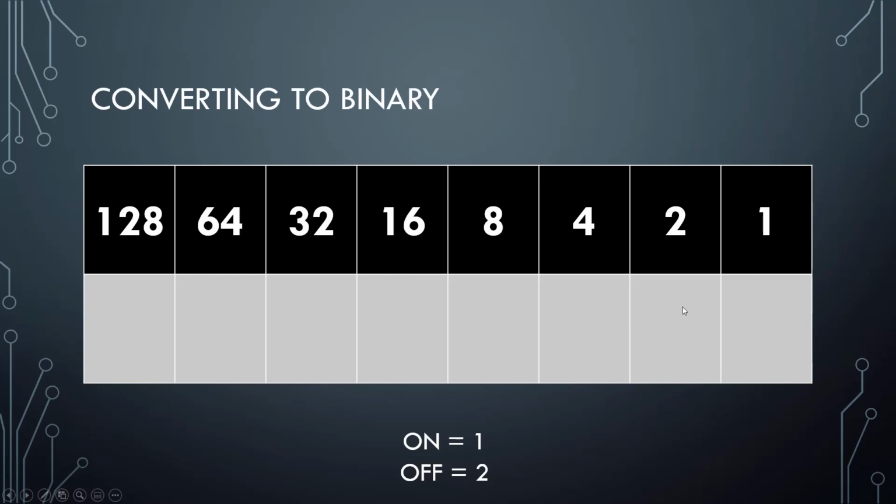So you're basically turning on or off each one of these bits, and by doing that, you are creating a binary number. If it's on, you're putting a 1. If it's off, you're putting a 0. Oh, I put 2 here. This should be a 0 right here. That's funny. Okay.